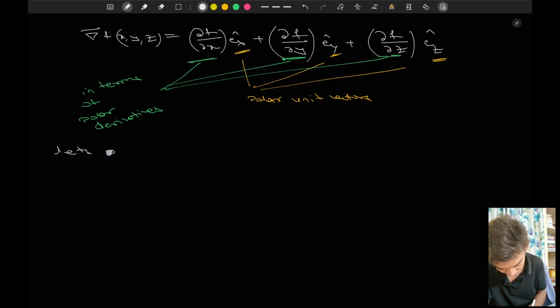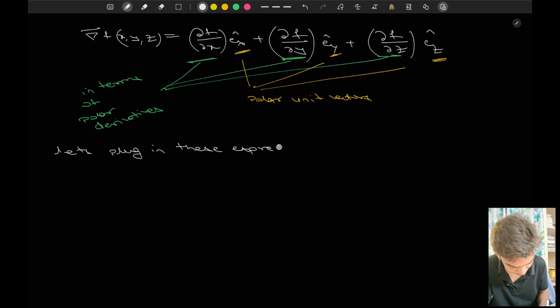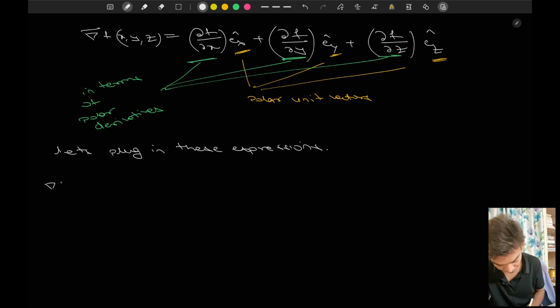Let's plug in these expressions. So we have gradient of f(x, y, z) equal to, we have our Ex vector.